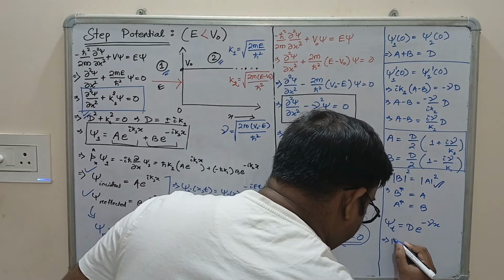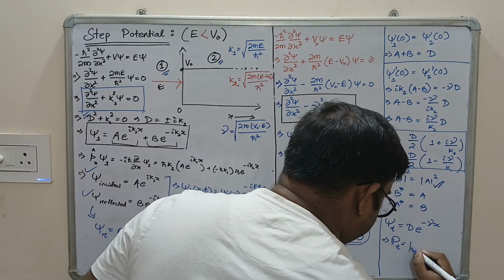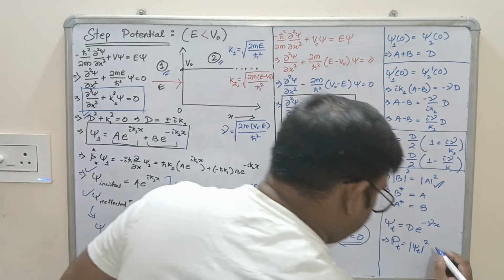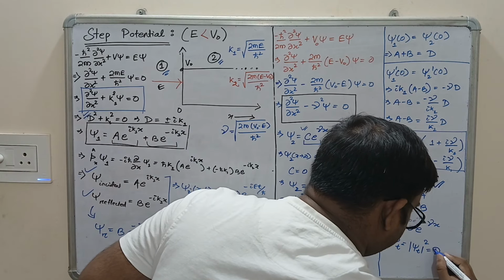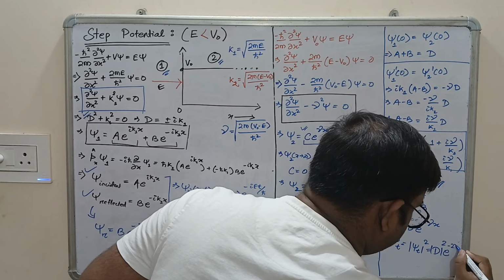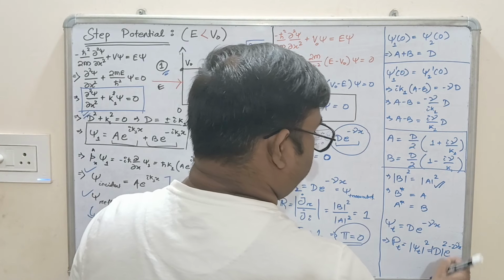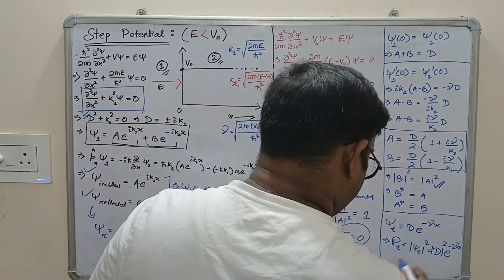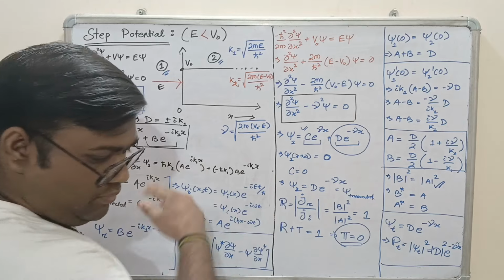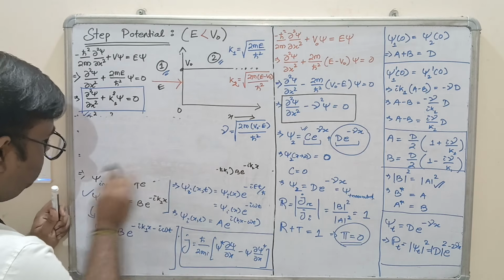Now when we calculate the probability density of psi t, which is basically psi t mod square, it is coming out to be D mod square into e to the power minus 2 nu x.